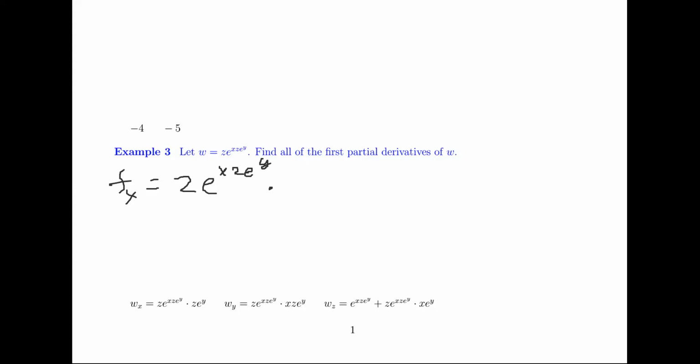Well, the exponent was x times z times e to the y, and the partial derivative of that with respect to x is just z e to the y, because x times a constant, the derivative of that is just a constant. And that constant was z times e to the y.